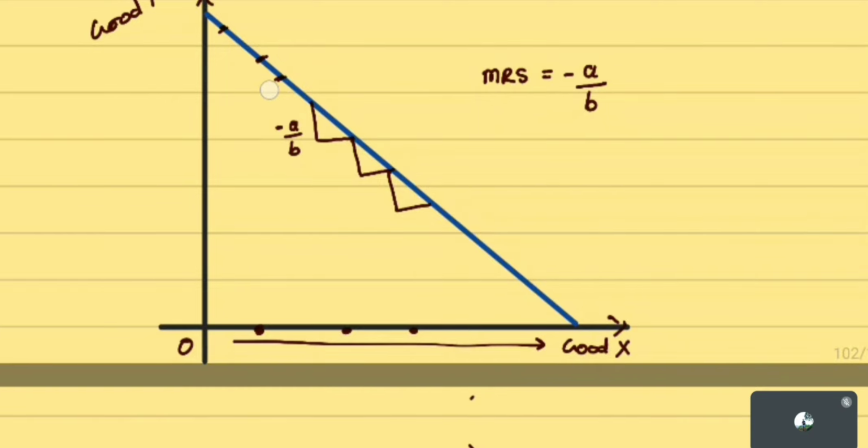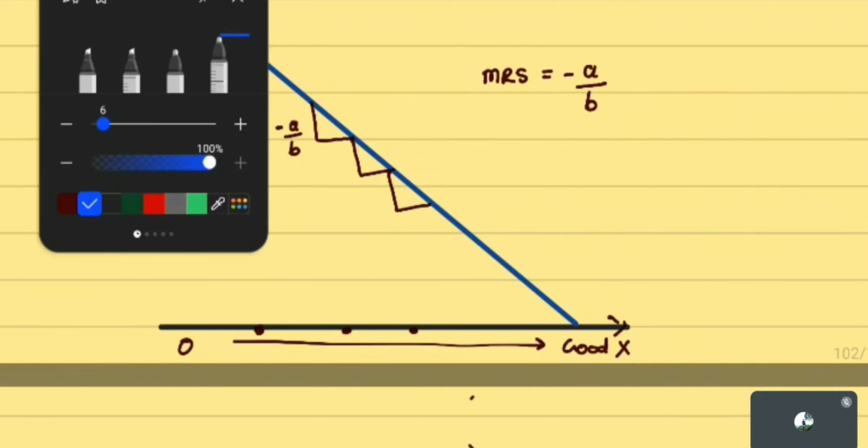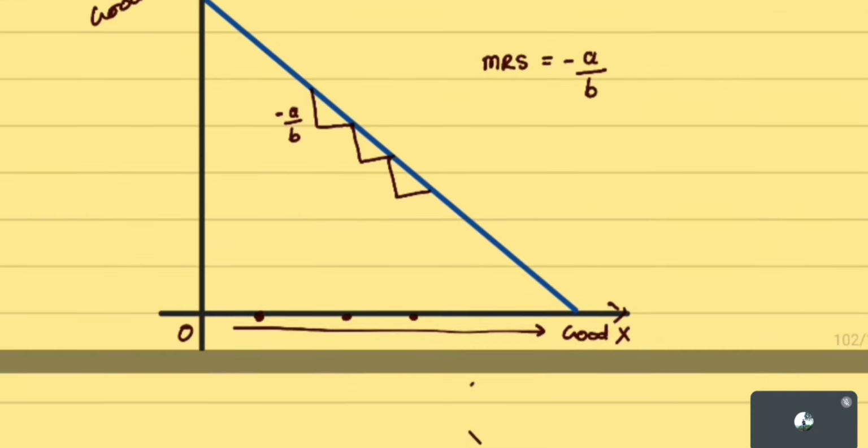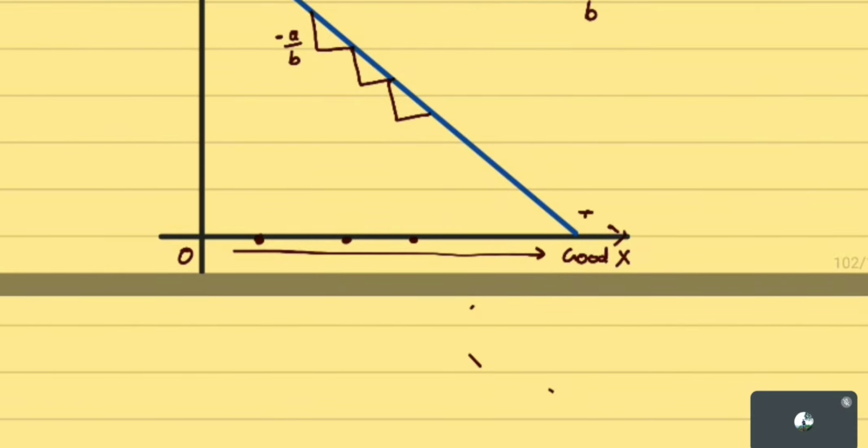But earlier in the case of Cobb-Douglas type, your MRS is not the same, your slope is changing at different combinations of good x and good y. But in this case, the sacrifice of good Y for additional consumption of good X is the same and remains constant at every point on the indifference curve. So in this case, we get this type of indifference curve where the level of utility is constant.